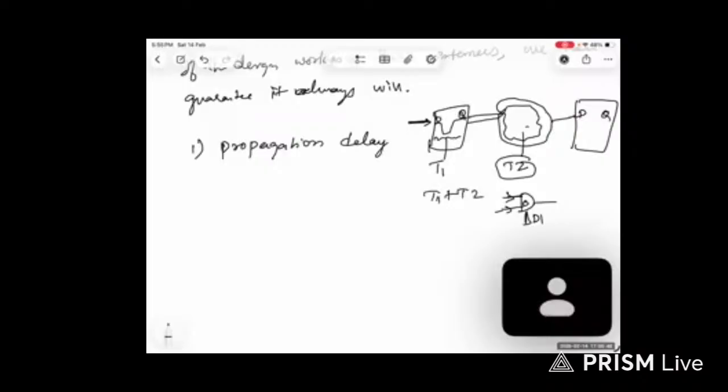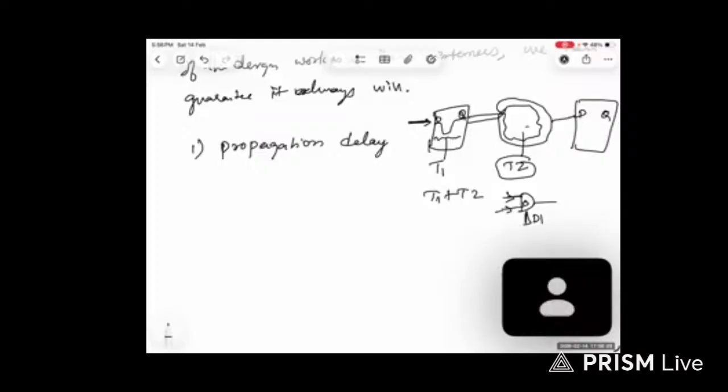So what comprises these propagation delays? It is a function of a few factors. Is propagation delay T1 plus T2 till it arrives at the D input of the next flop?